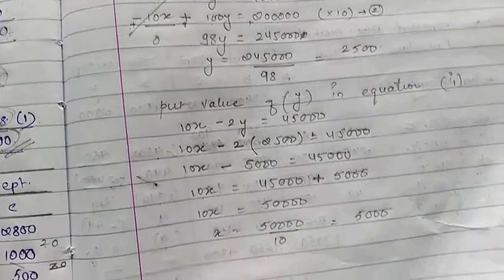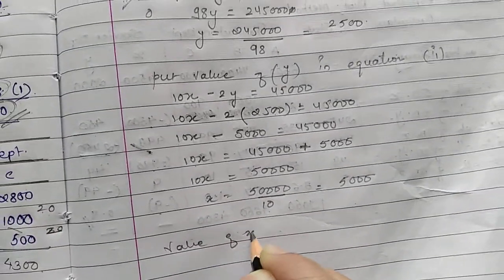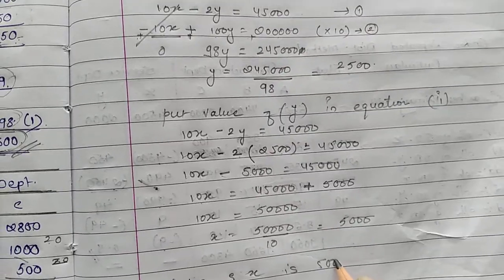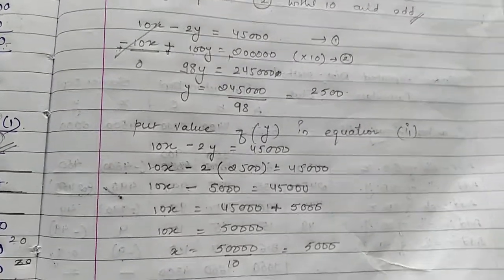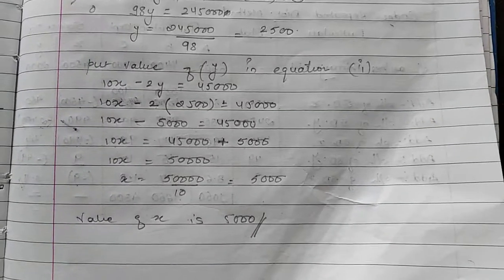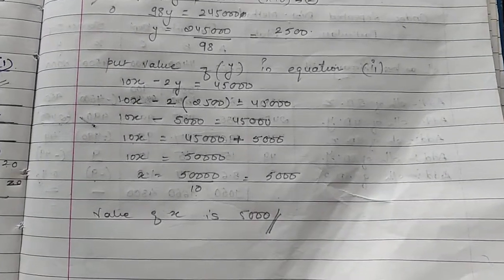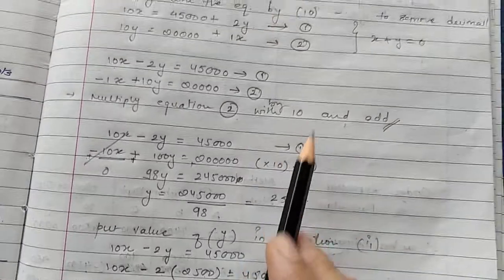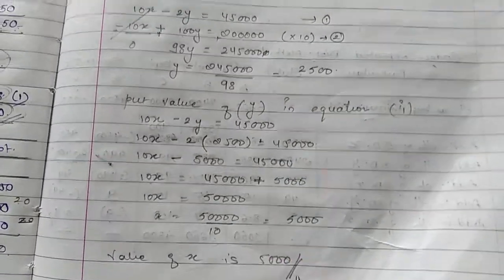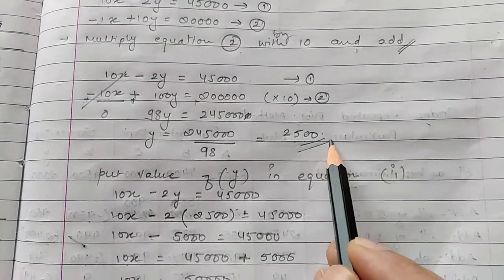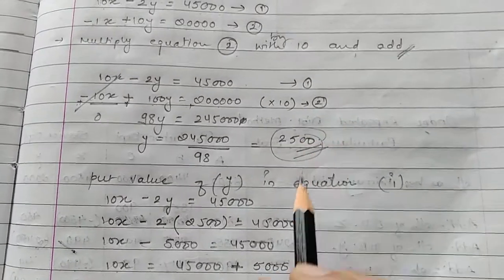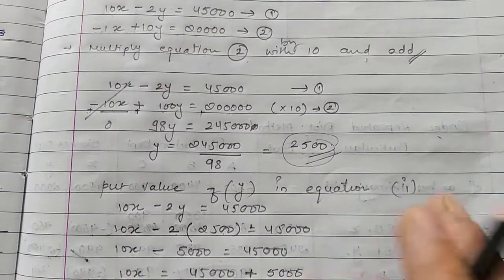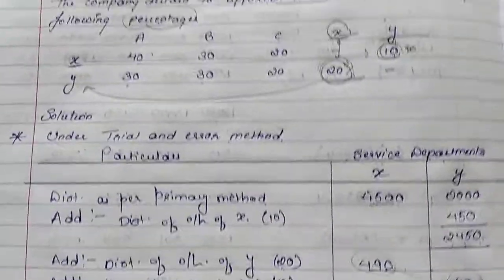So my value of x is 5,000. Okay. So by using the simultaneous equation method, I have managed to find the total overheads: of x, that is 5,000, and of y, that is 2,500. Now these overheads I will share with my production departments in the same percentages that are given over here.